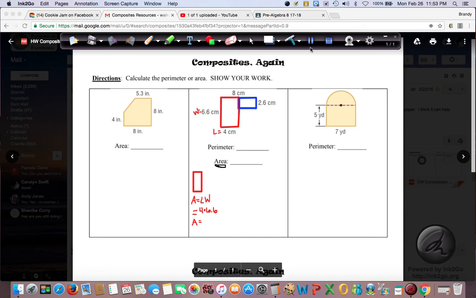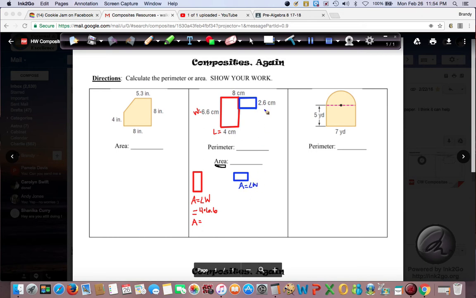And then we have the area of the blue rectangle. So that's going to be the smaller, shorter one over here. And you find it the same way, area equals length times width, but it looks like we're going to have to do a little math to figure out our length and our width.